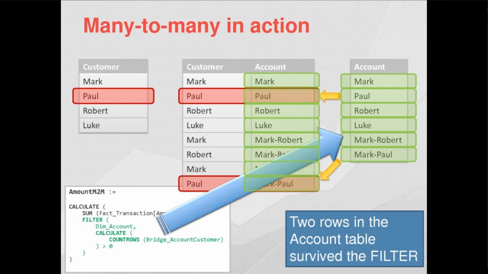As soon as we take the result of this filter, which contains 2 rows, and put it on the filter context, that filter context will filter the fact table that is probably somewhere here and has a relationship with the account table. So we will see only the transactions of current accounts owned by Paul.